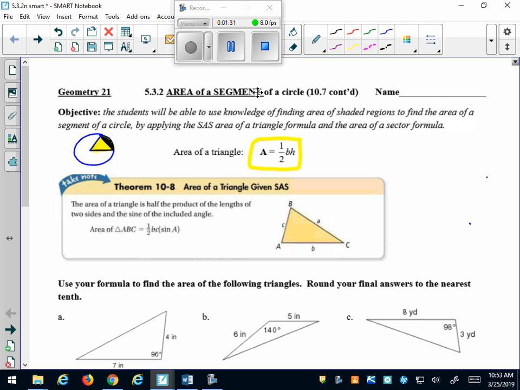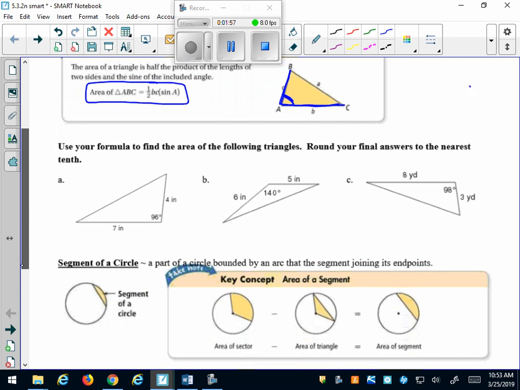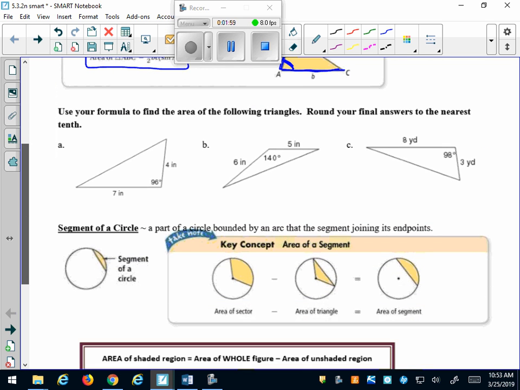So in that situation, if you know the length of C and the length of B and the measure of angle A, this formula will work: 1/2 the length of B times the length of C times the sine of whatever angle A is. So let's just do one of those here.